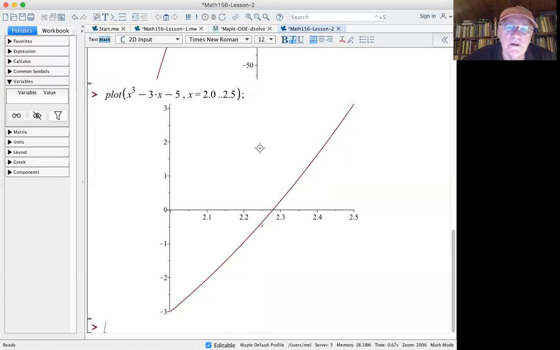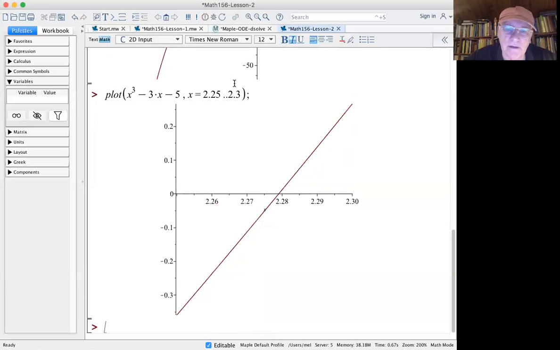And now we see it's really crossing the x-axis between 2.25 and 2.3. So I'll just change the range of x. So you see now it really is crossing very close to 2.28.